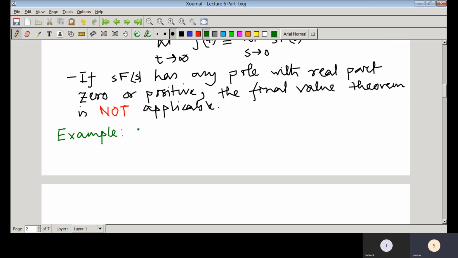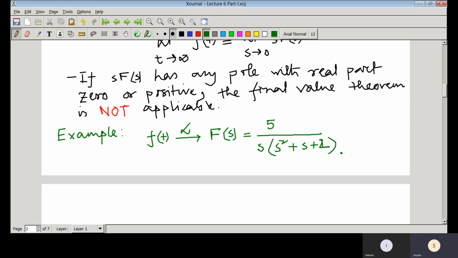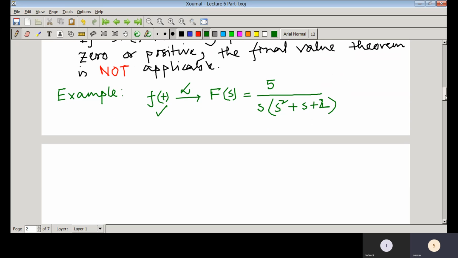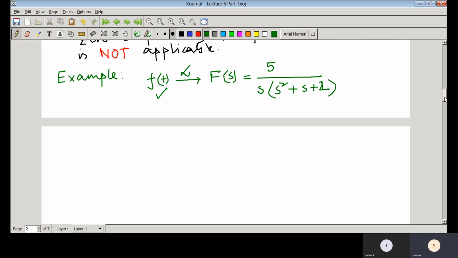Suppose a function is given, and if you take the Laplace transform of that function, you will get F(s). Suppose this F(s) is 5 by s into s square plus s plus 2. If you are interested in the value of this function when t tends to infinity, we can apply the final value theorem.